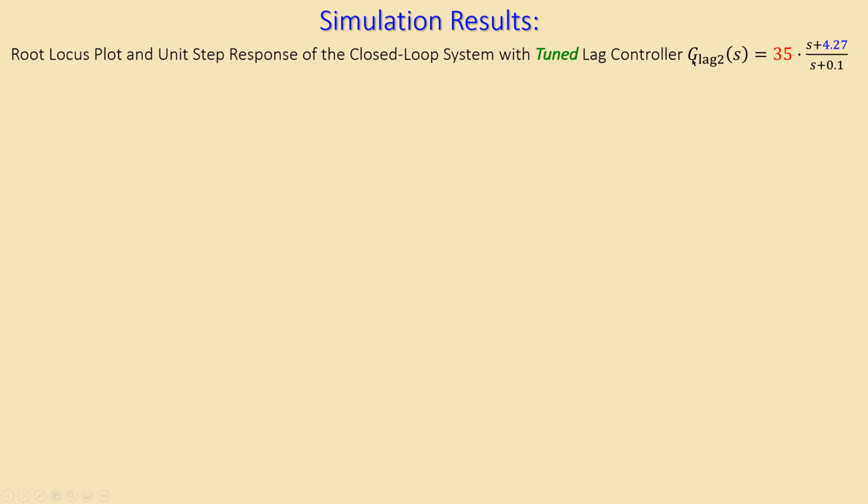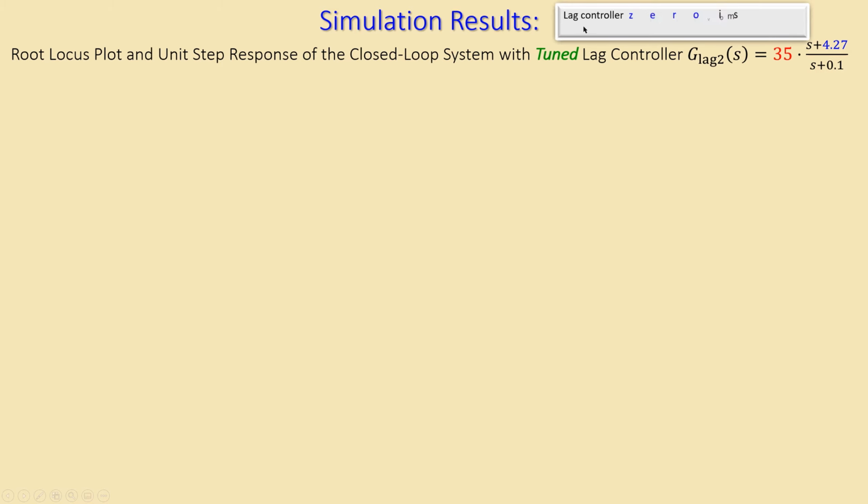I have just called that GLAG2, and you can see I have changed the gain from 40 to 35, and the zero of the lag controller is changed from 0.725 to 4.27.